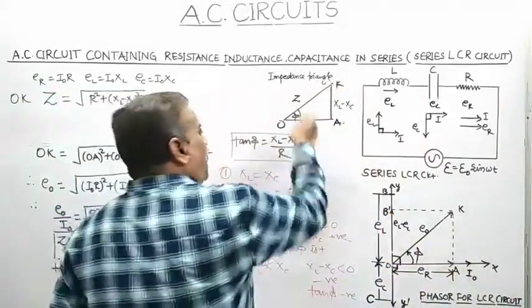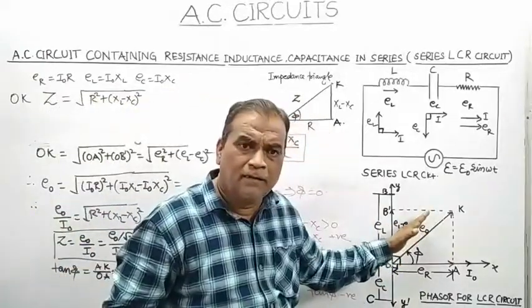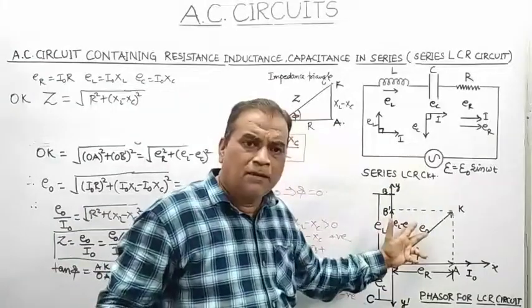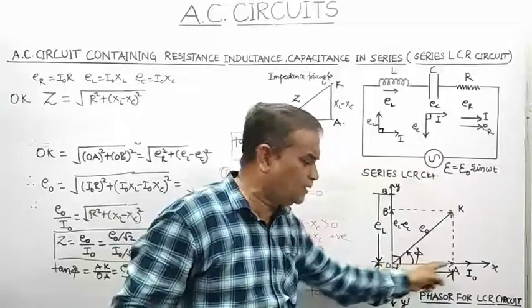Also, see here, phi represents the angle by which voltage leads the current. See here, this is voltage, this is current.